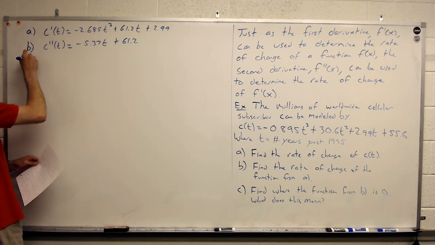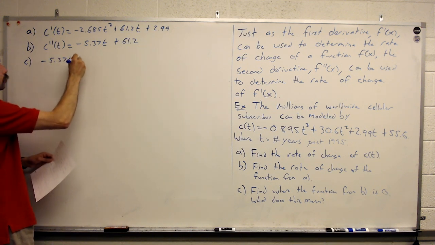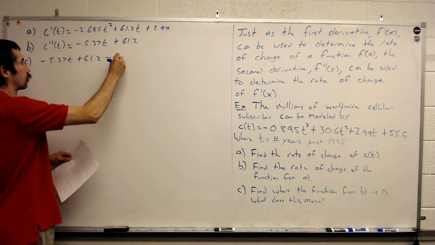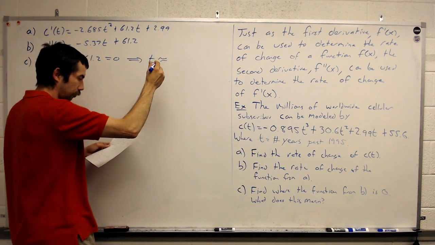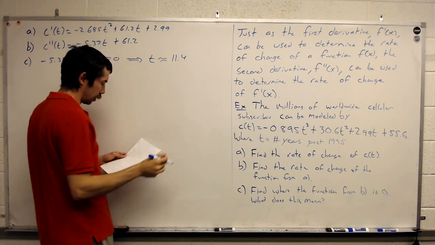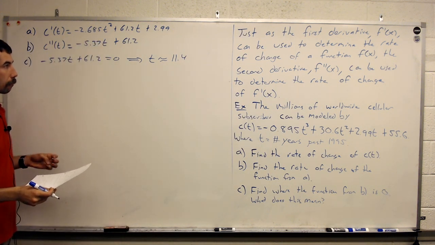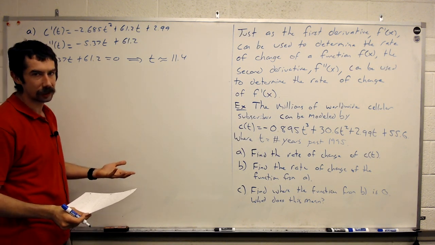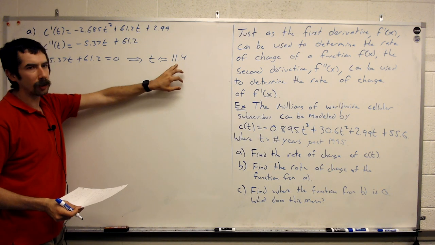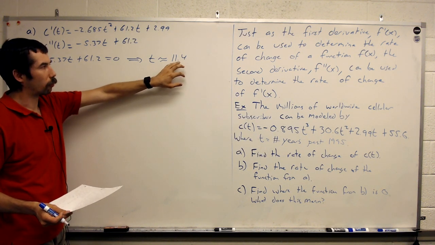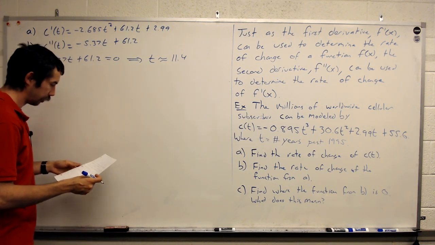That's for part C. So we set this equal to 0 and solve. This gives us that t is about 11.4. Now I'm going to show you how to interpret this. We should check whether our first derivative is positive or negative around 11.4, and then see what's happening with our second derivative.